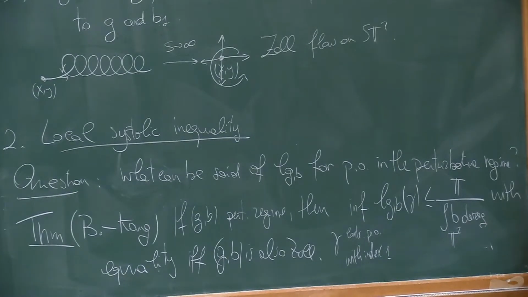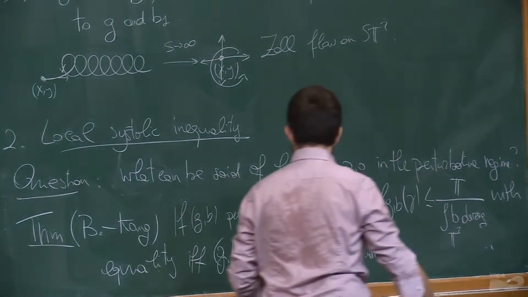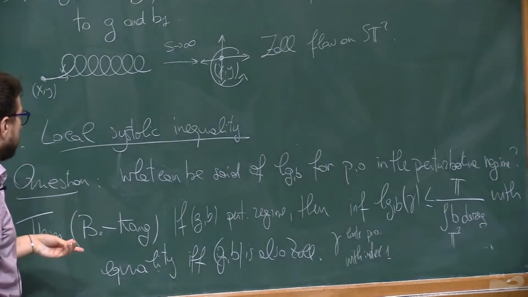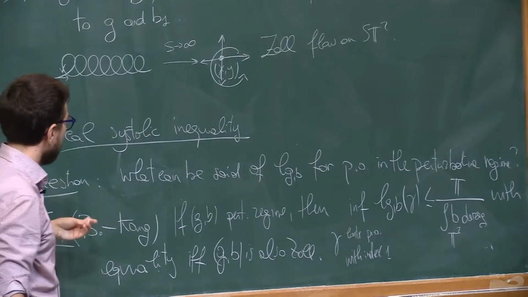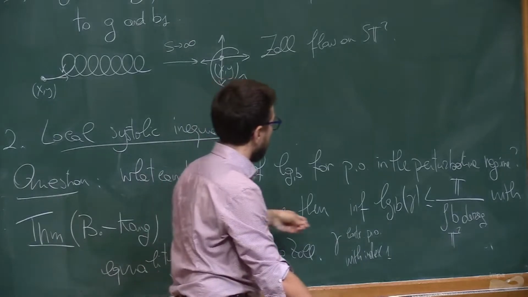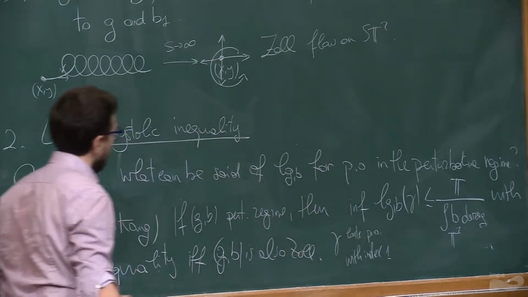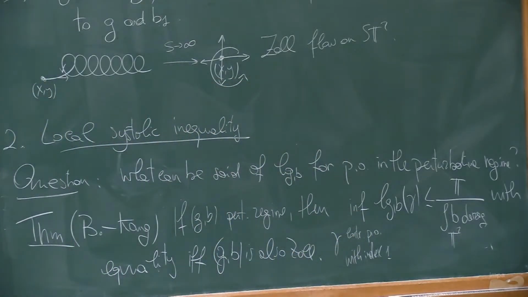So once we got to this point, our question was, can we go beyond the perturbative case? Can we prove a systolic inequality if we are not in the perturbative case? And following some recent work by Umberto, Abbondandolo, Bramham, and Salomão, we started looking at cases where we have some kind of additional symmetry.